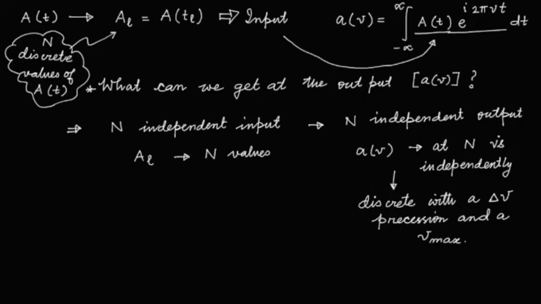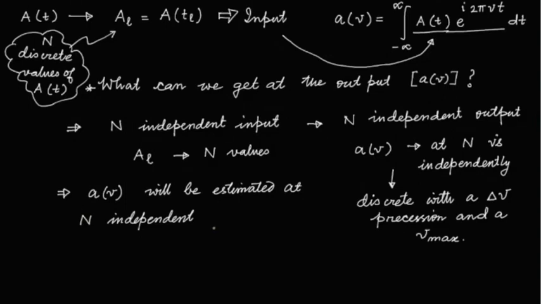So let's say that a(nu) will be estimated at n independent values of nu with some precision, and I choose these to be from minus nu max to plus nu max.